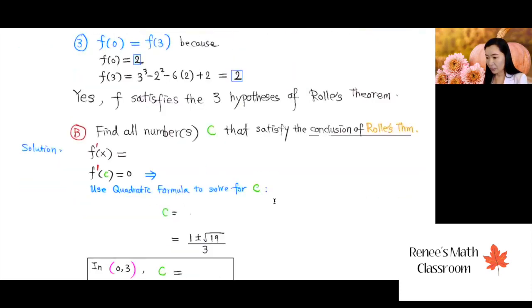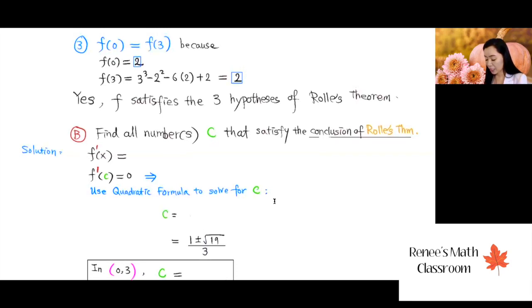Therefore, we can use Rolle's theorem to conclude that there is a number c in 0 to 3 such that the first derivative will be equal to 0, right? But how do we find that? Okay. How do we find those c? To find those c that satisfy this conclusion of Rolle's theorem, now we already differentiate the function, right? So differentiate the function, we got this 3x squared minus 2x minus 6.